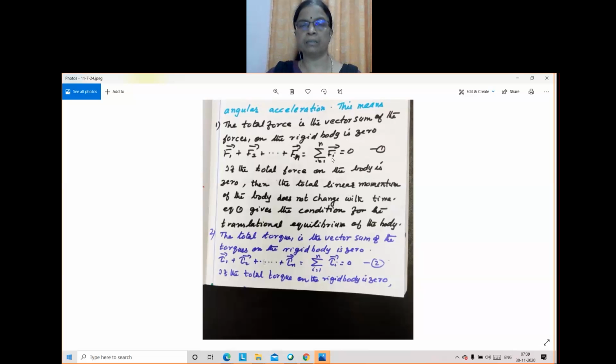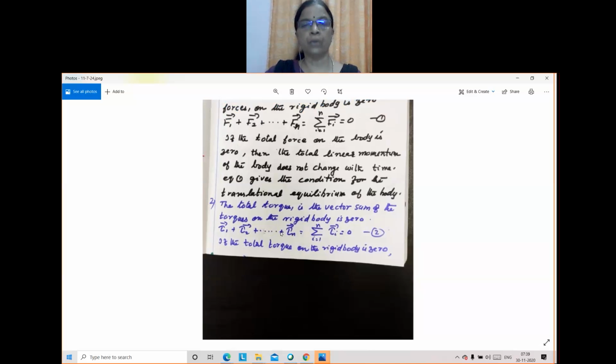If only one of these two is satisfied, it will be in partial equilibrium. So if both the conditions are satisfied, then only the body will be in complete, that means mechanical, equilibrium. So total force acting on the system is 0. That is the condition for translational equilibrium.